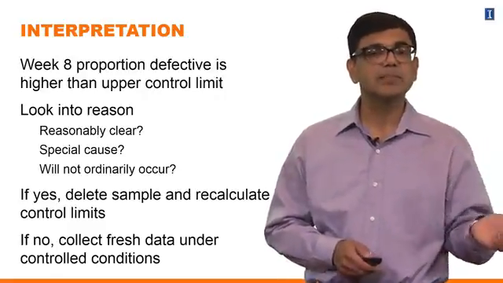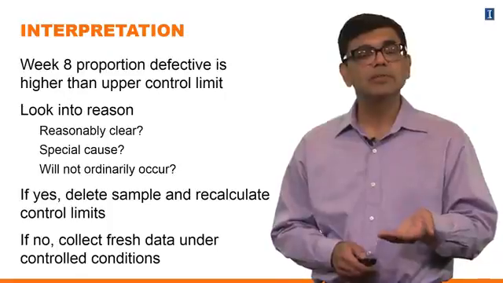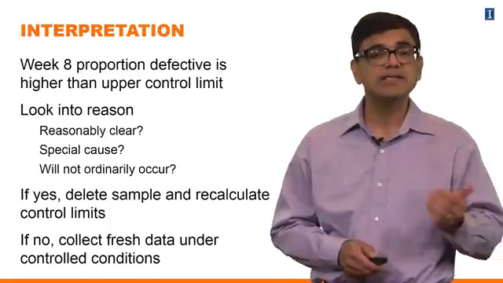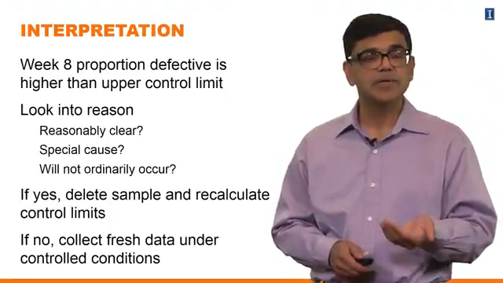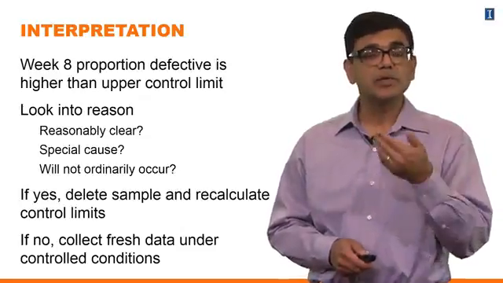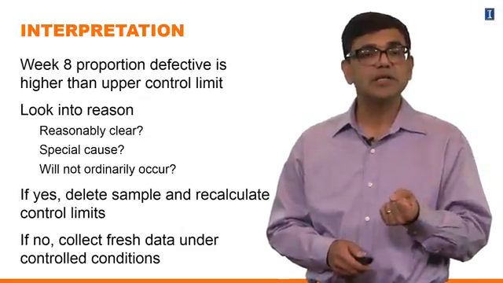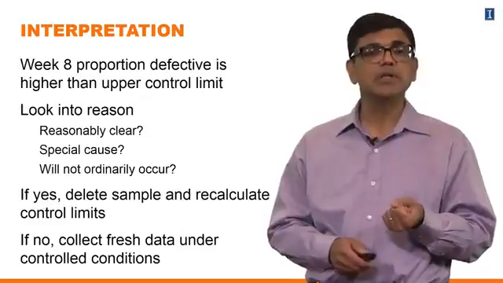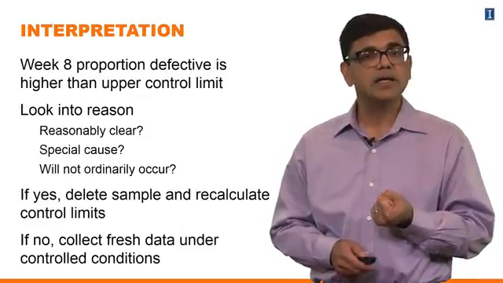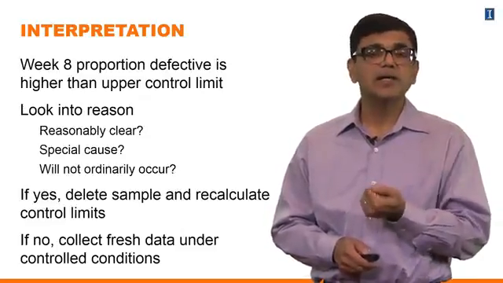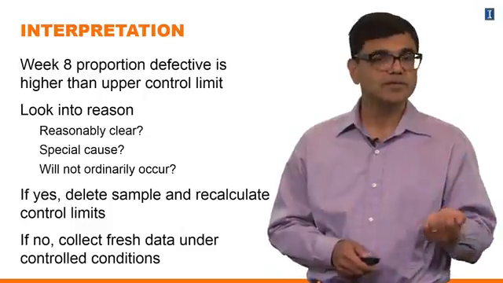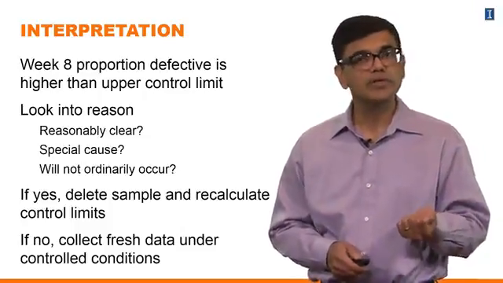So we throw out that sample and we recompute the control limits based on not having that sample in our calculations. If that's not the case, if you cannot really eliminate that particular observation, that particular sample based on a cause that's clear, then you have to go back to the drawing board and recompute the control limits.